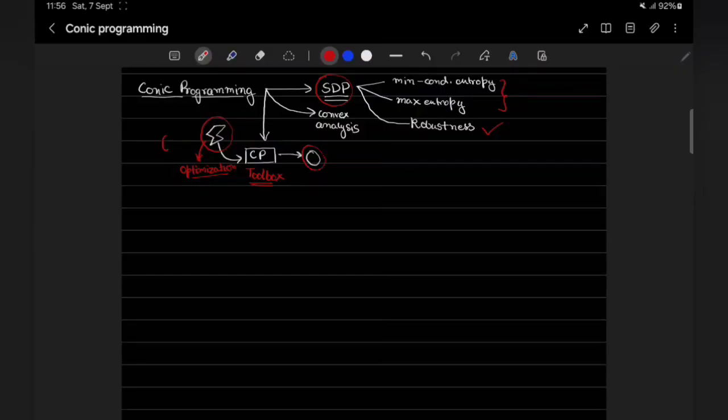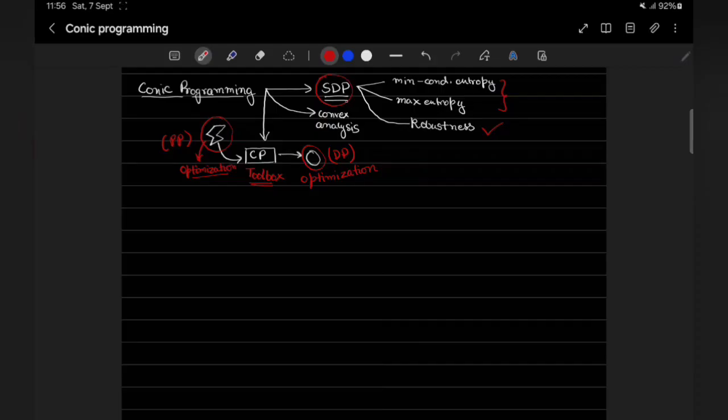This will be called the primal problem, and you convert it to something called a dual problem, which we will discuss how to convert. These problems are very much linked with each other and both are optimization problems. So with this brief idea, we start conic programming.